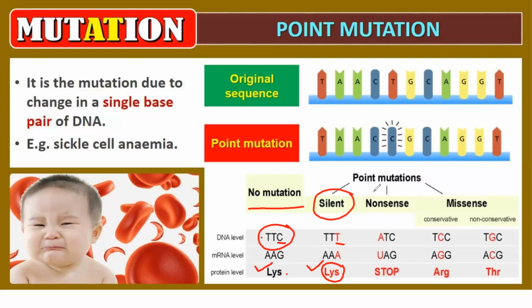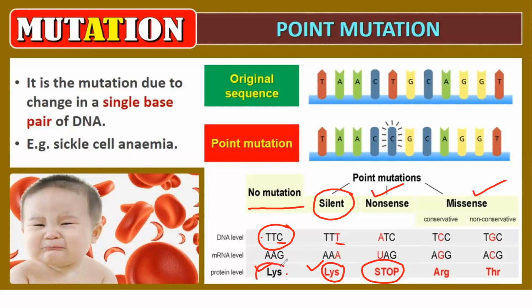The second one is nonsense mutation. Here you can see the DNA is responsible for stop. So there won't be any protein synthesis. That's why this kind of mutation is known as nonsense mutation. The third one is missense.